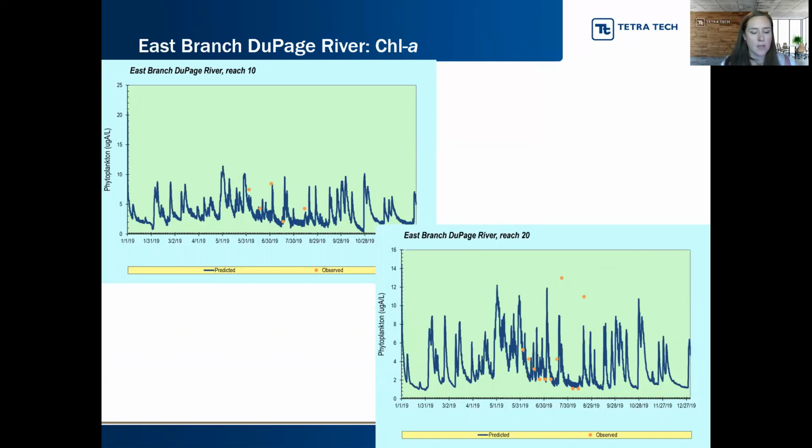Okay, so chlorophyll A concentrations. Like I said, this was looked at simultaneously with dissolved oxygen, and we were able to get a reasonably accurate simulation of those chlorophyll A concentrations at the couple different locations where there was data.